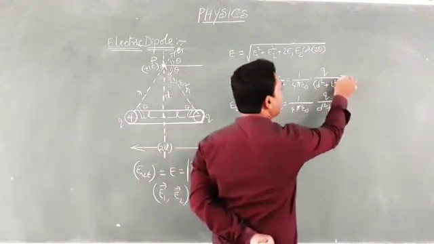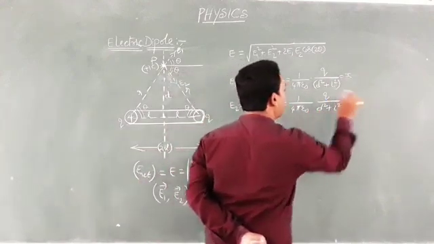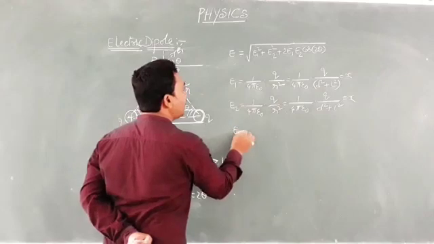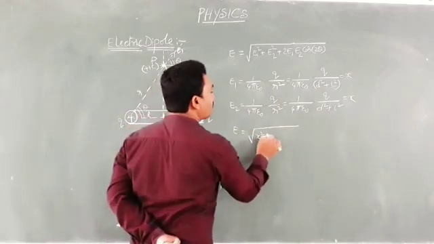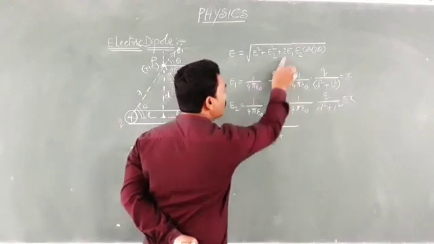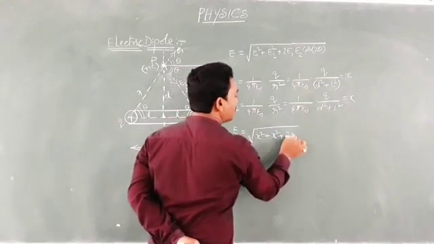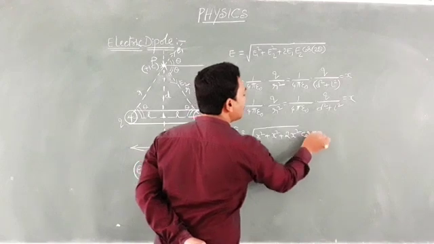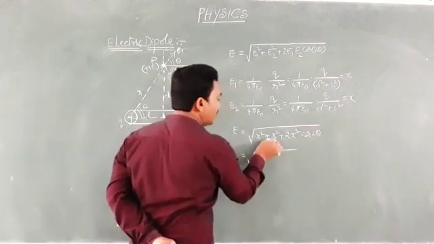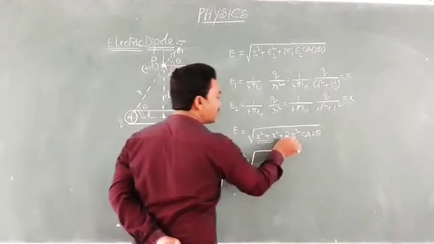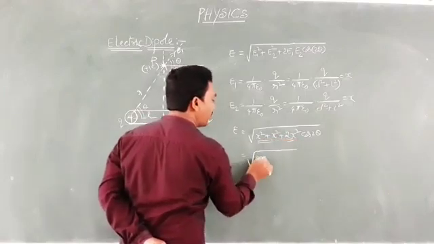Let us suppose for some time this is X and this is X. Therefore, net electric field intensity at that point is square root of X square plus X square plus 2X into X, which are equal in magnitude, 2X square into cos 2 theta. A little more simplification: square root of X square plus X square, 2X square, take it as common.